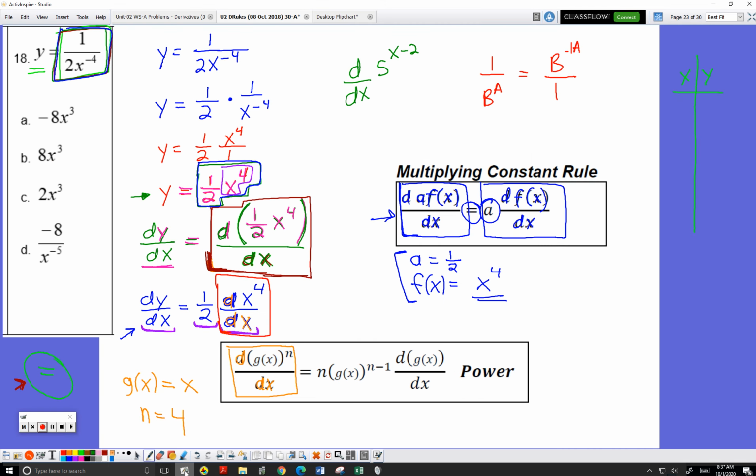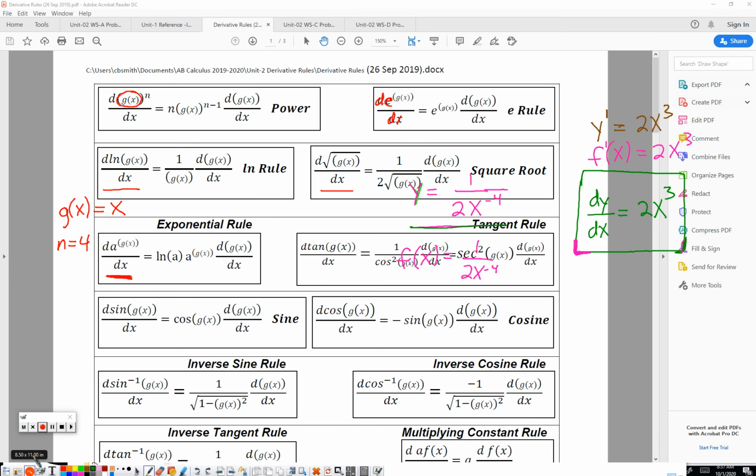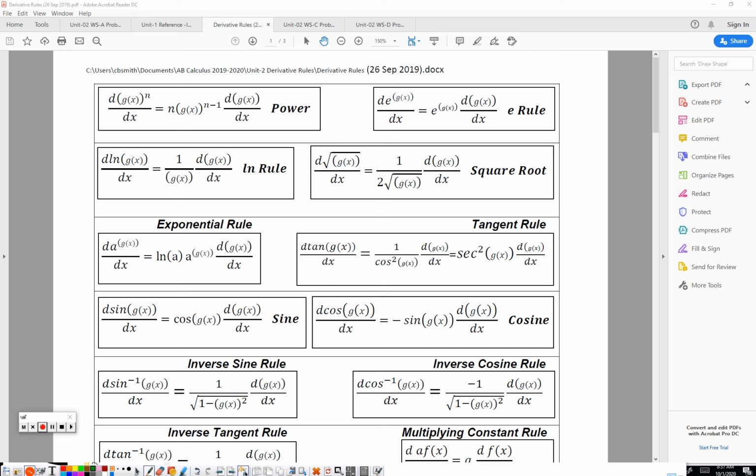I'd go right here and say, this is going to work because in the one I just showed you, if I choose a to equal 5, and I choose g of x to equal x subtract 2, now I can see that the exponential rule does fit. So there's the power rule, but for that too, because g of x could be, or can g of x only be.